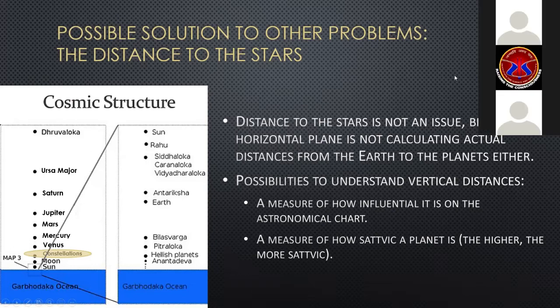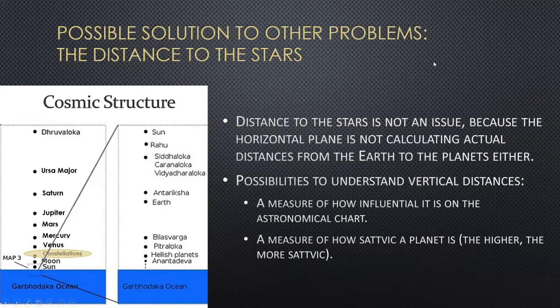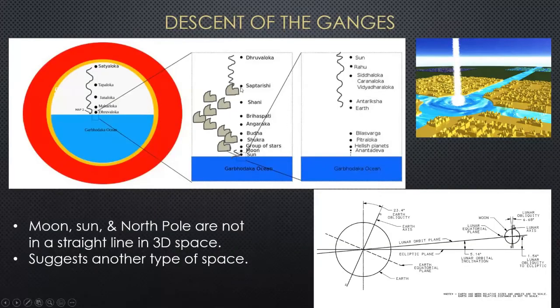One possibility that we have here is to understand the vertical dimension in terms of Jyotish, in terms of how influential it is on an astronomical chart. But there's another way that I would like to show you, and it could be a measure of how sattvic a planet is. So let's look at the descent of the Ganges.